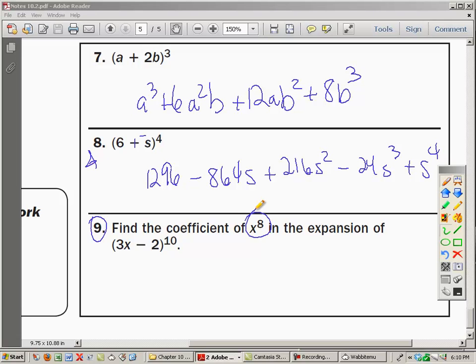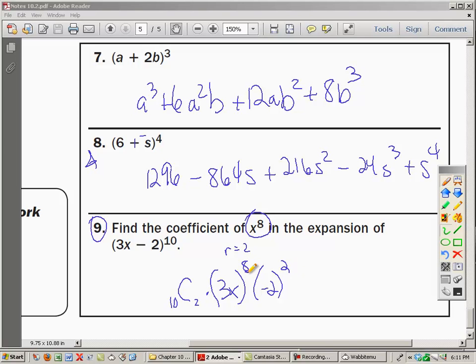Okay? So if I want x to the 8th power, that's when r is equal to 2. All right? And so this becomes 10 choose 2 times 3x, and we're going to raise that to the 10 minus 2, which is the 8th power. And then we've got the negative 2 being raised to the 2nd power.